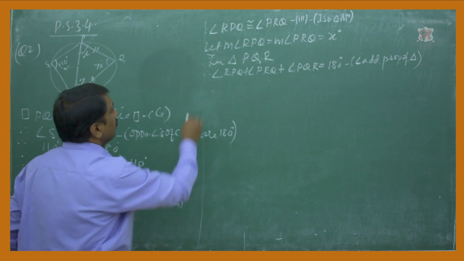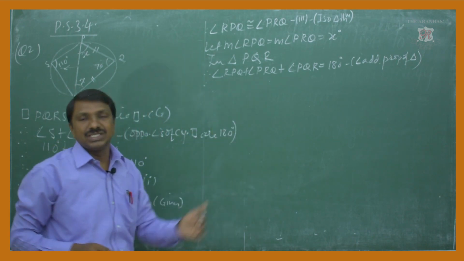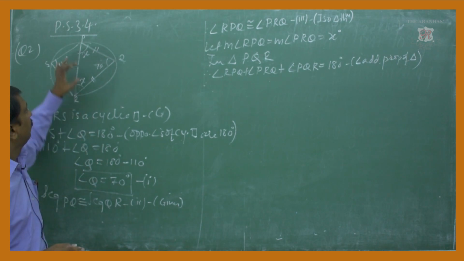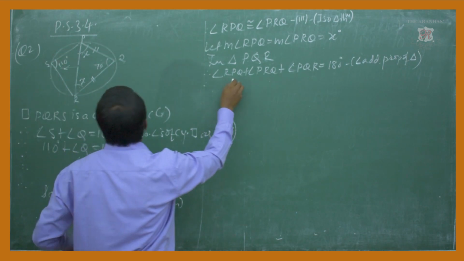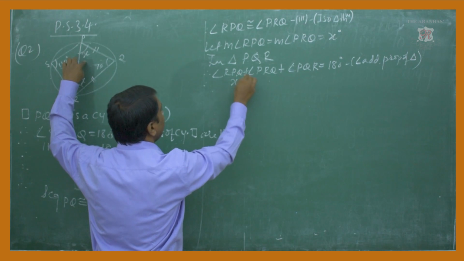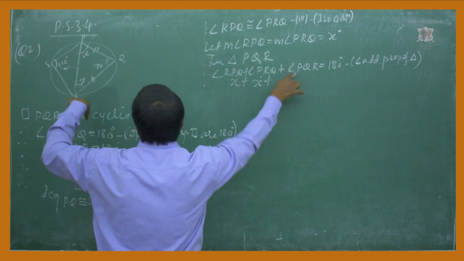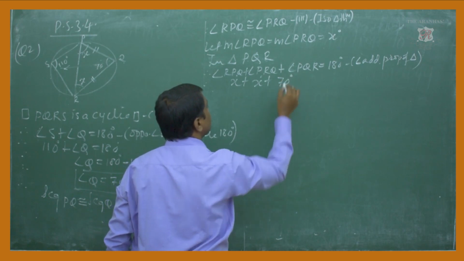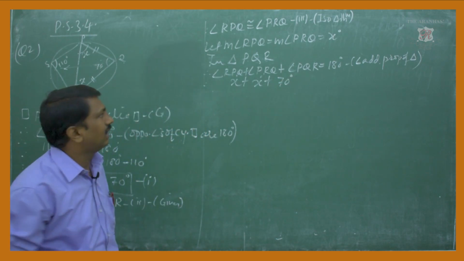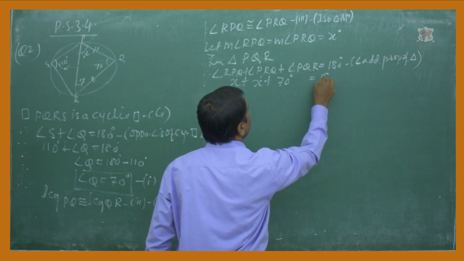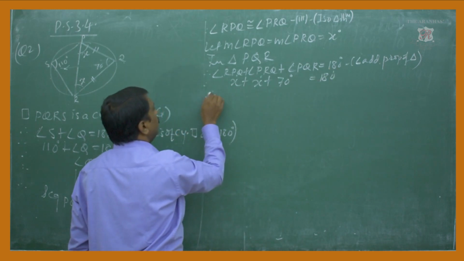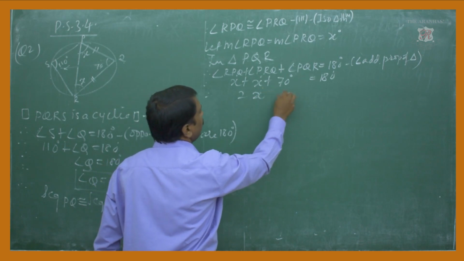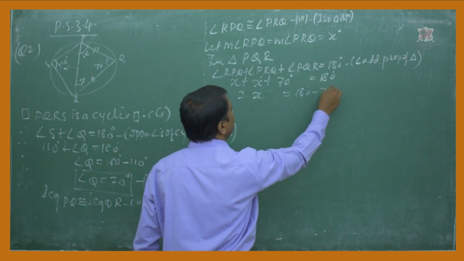Then substitute the values which we found with the help of the given and the isosceles triangle theorem. Angle P is x degrees, and this is also x. Angle PQR we found using the opposite angles of a cyclic quadrilateral, which is 70 degrees. So x plus x, that is 2x, an equation in one variable, equals 180 minus 70 degrees.